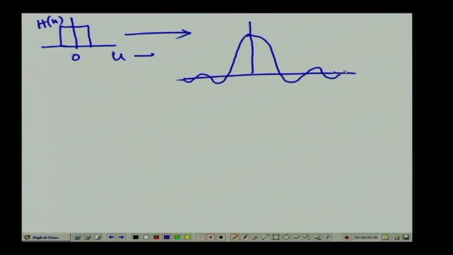like this. So, here you find that there is a main component, which is the central component, and there are other secondary components. Now, the spread of this main component is inversely proportional to d0, which is the cutoff frequency of the ideal Lowpass filter.